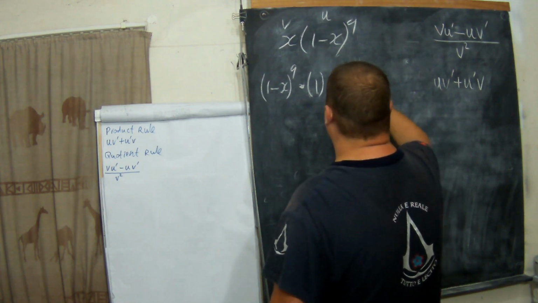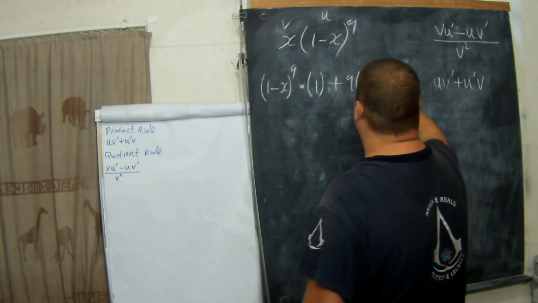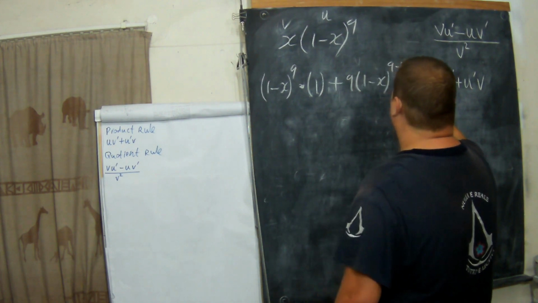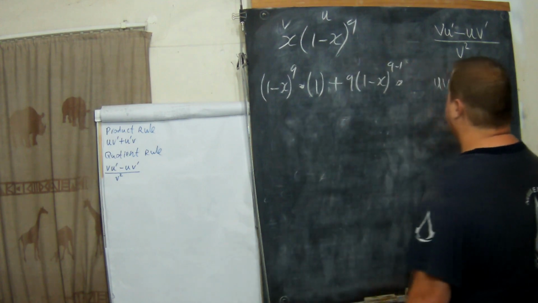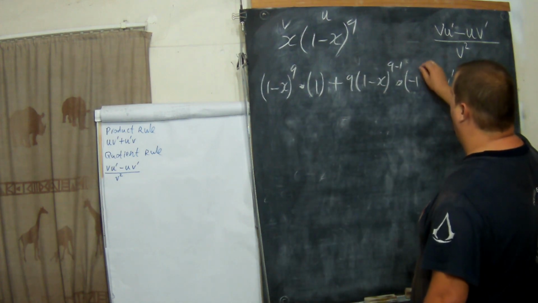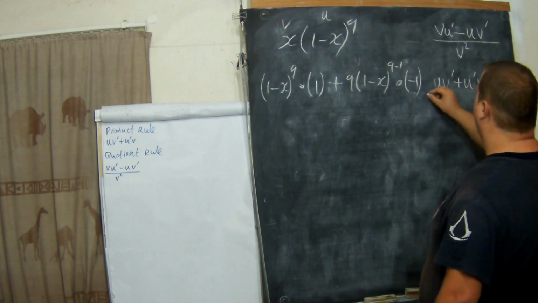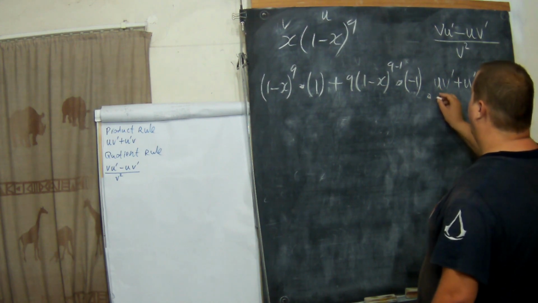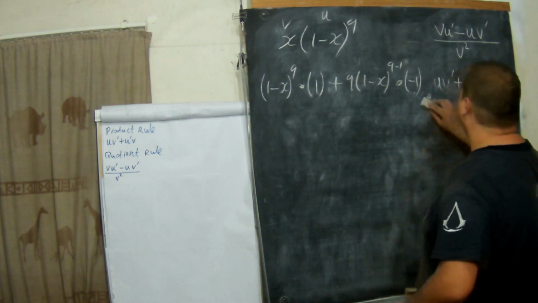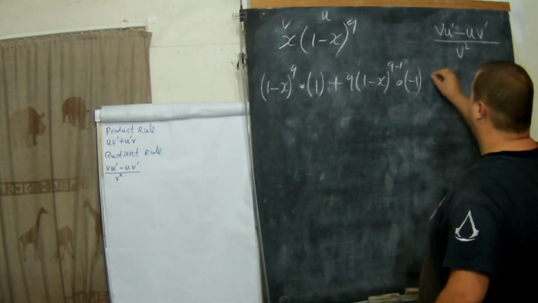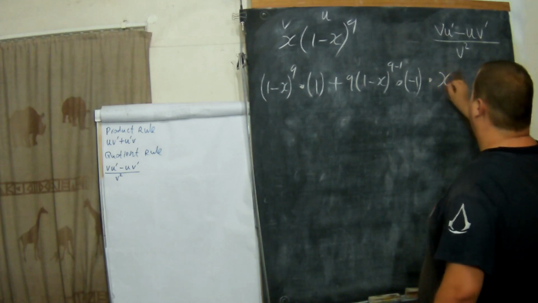So that is 9 times (1 minus x) to the power 9 minus 1, multiplied by the derivative of minus x, which is minus 1, multiplied by x.